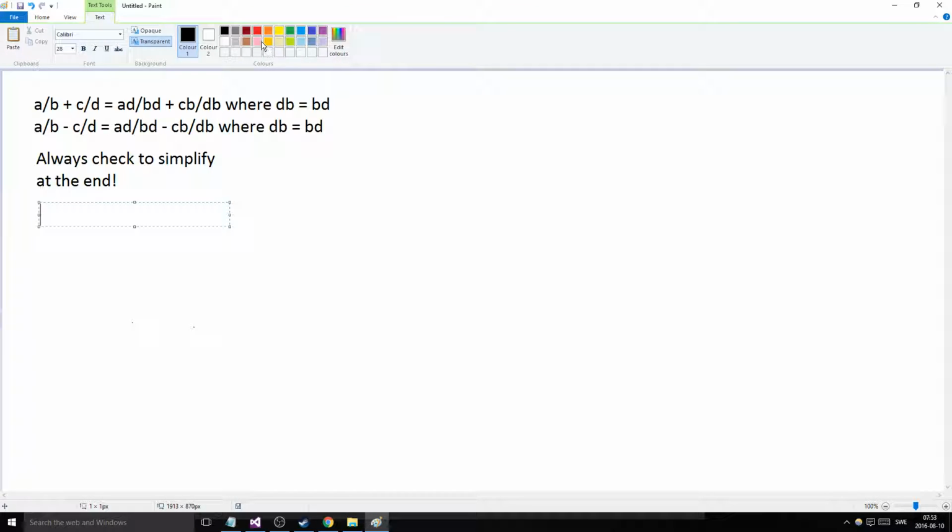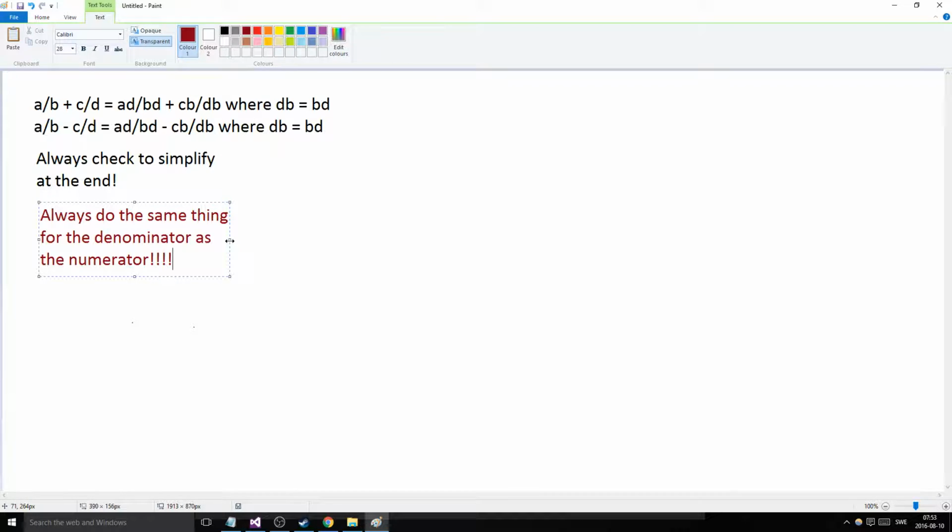And then in red, this is very important. Always do the same thing for the denominator as the numerator.